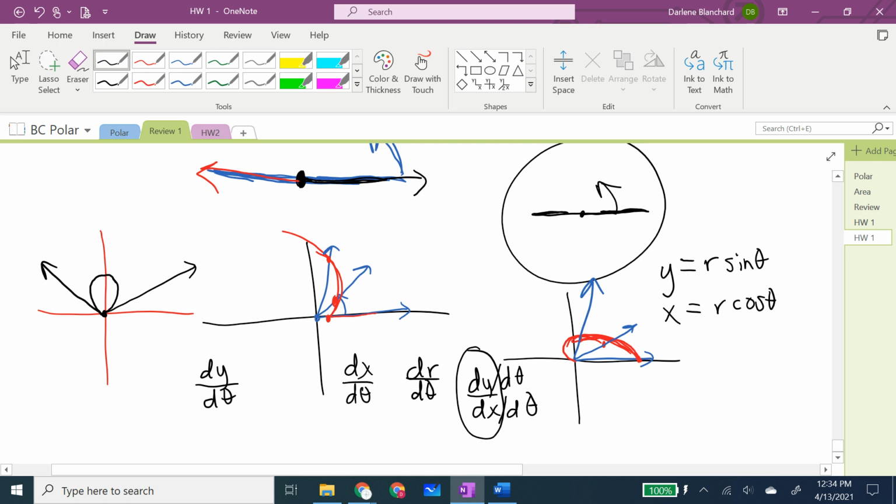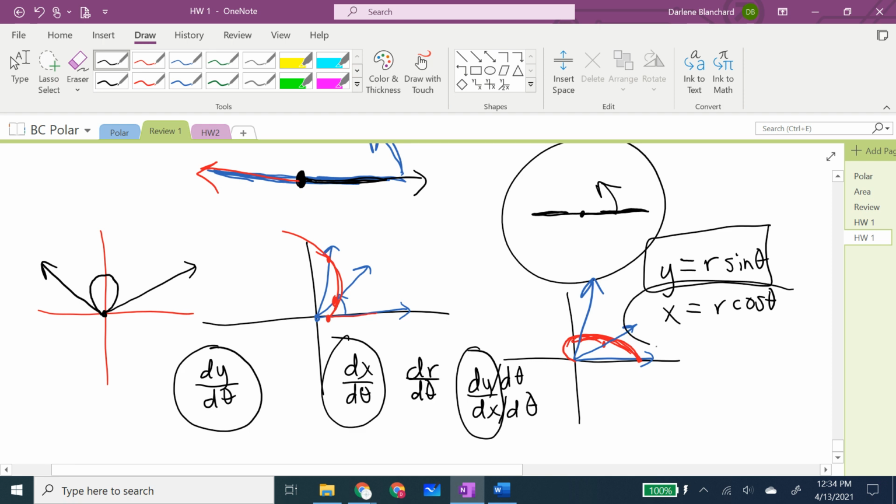Then if you just need to find dy d theta, you just need to come up with what is y in that triangle formula. If it's just dx d theta, you just need to come up with what is x in that formula. But you saw from those multiple choice problems that sometimes they just flat out ask you for dr d theta, and you're not using these formulas at all, so don't feel like you have to always use them.